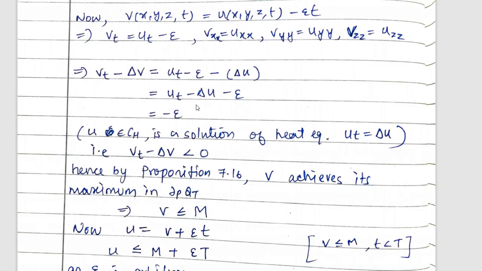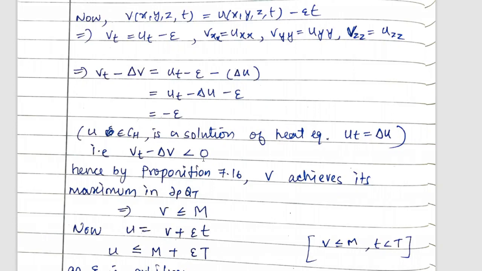Now Ut minus delta U is equal to 0, because in the statement U satisfies the heat equation, so Ut equals delta U. So Vt minus delta V is minus epsilon, and since epsilon is greater than 0, we have Vt minus delta V less than 0.